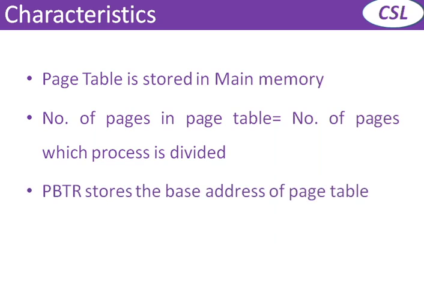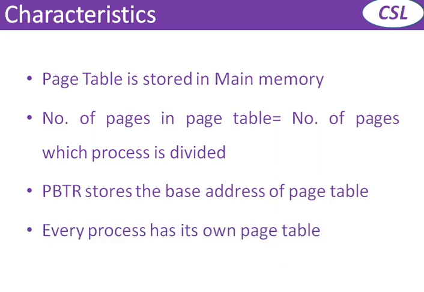PTBR means page table base register. It is used to get the location of the page table. The page table has to be stored in main memory, so definitely it is stored in some location. We need to get that location, so we store it in a pointer variable called PTBR. And every process has its own page table. Whatever processes are available for execution, for each process there should be a corresponding page table.